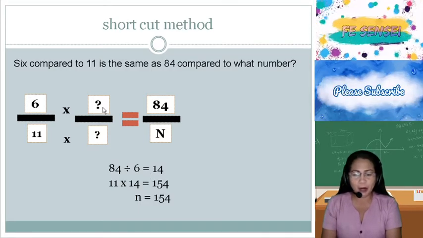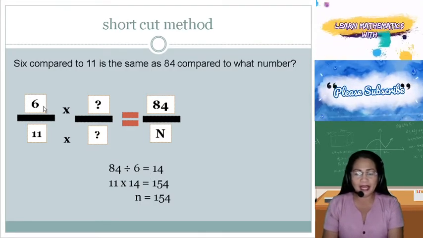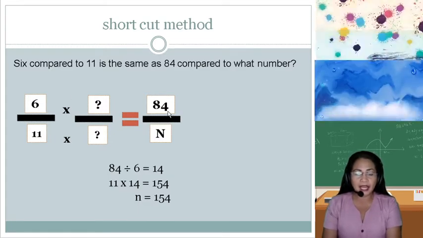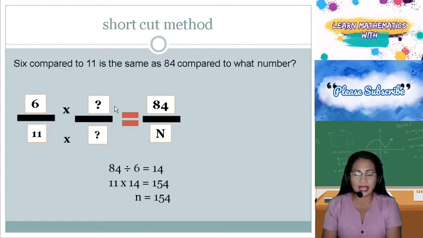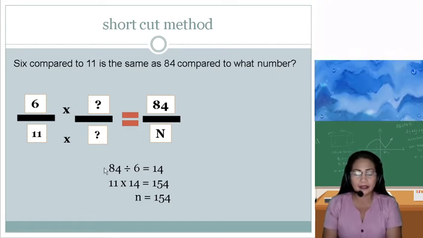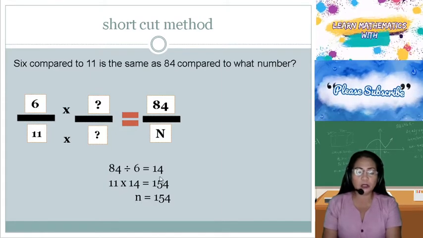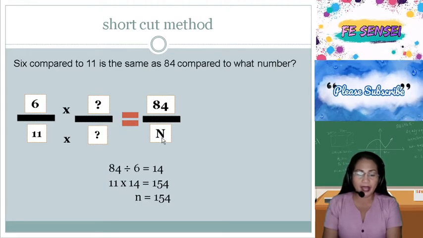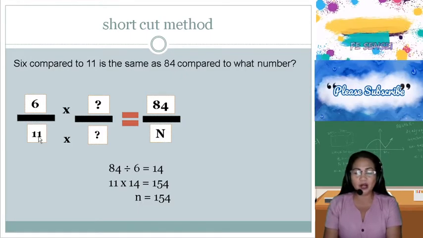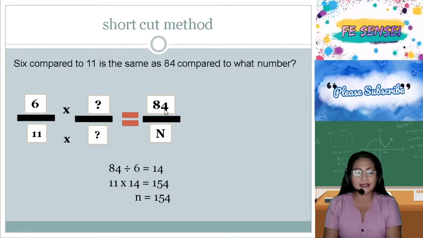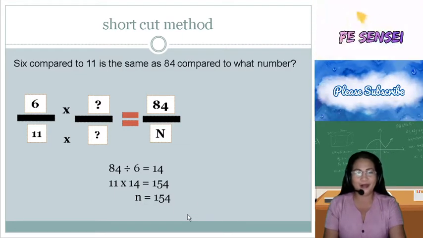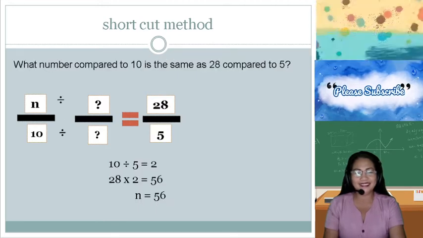So therefore, the number we multiply 6 by is 14 to give us 84. Since we multiply 6 by 14, we have to multiply 11 by 14. So 11 times 14 equals 154. So n equals 154. So 6 over 11 equals 84 over 154. Got it?